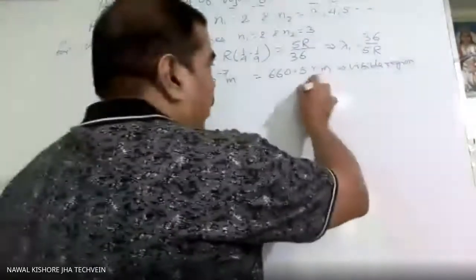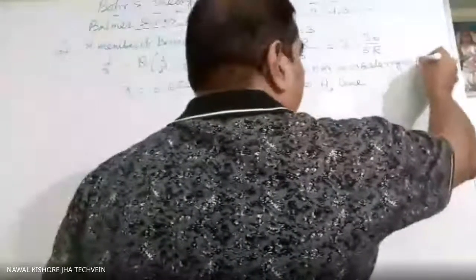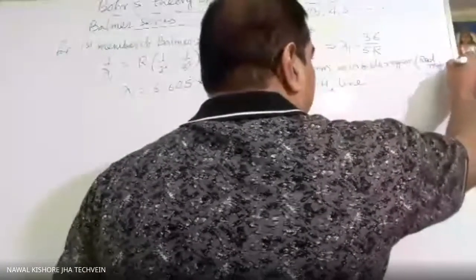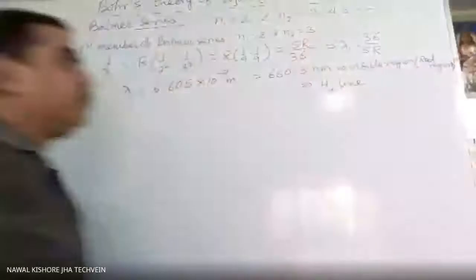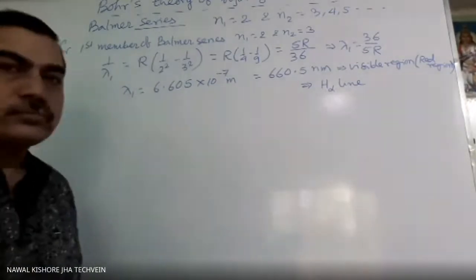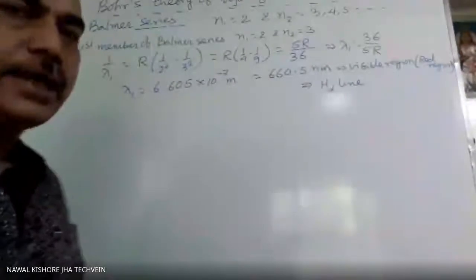This we call the H alpha line. This is in the red region, 650 onward. It has a fixed name.